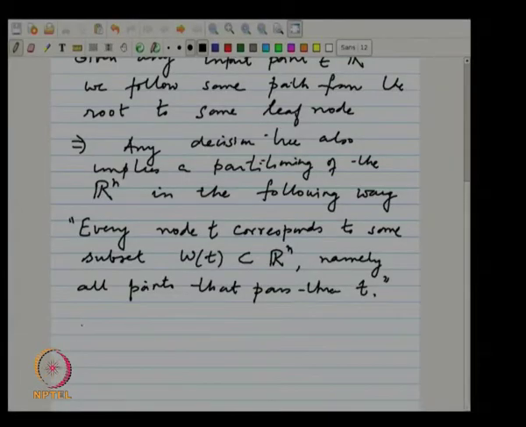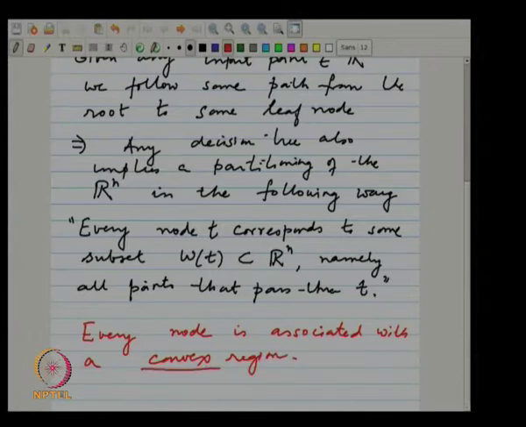Okay. So, the only thing that we are using in the decision tree model is that every decision is a linear inequality. So, either it is this side or that side. So, the second property: note, let me highlight it. Every node is associated with a convex region.